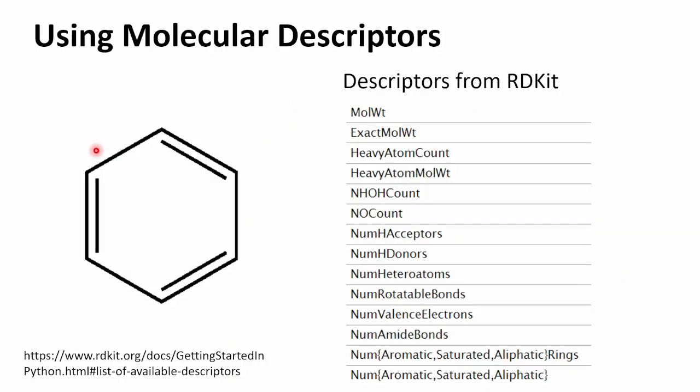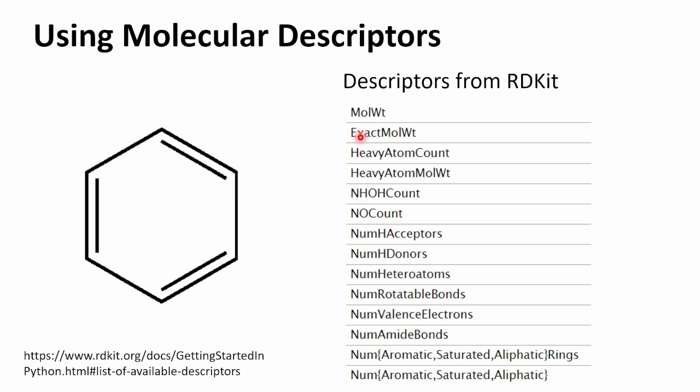One way is to describe this molecule in terms of its descriptors. For instance, if we have a molecule benzene, we can say the molecular weight of benzene is this, exact molecular weight is that, number of heteroatoms is this, and number of H bond acceptors is that. So we can have a list of all these properties, and those would be our A, B, C, and so on.